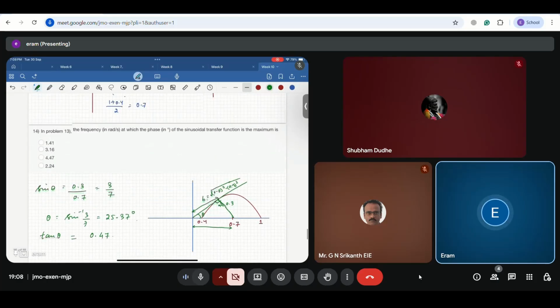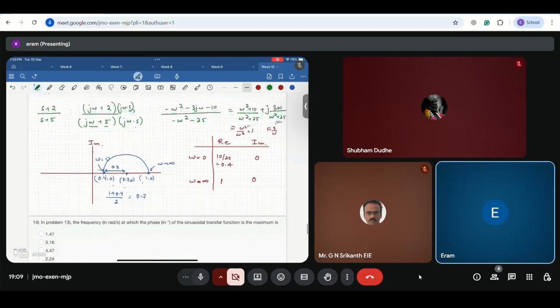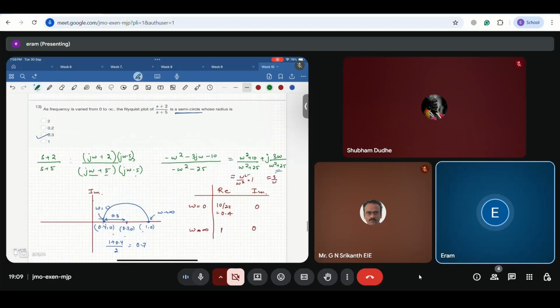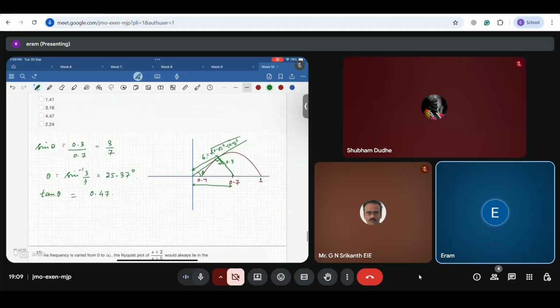And what was our transfer function? Now ultimately we have to find omega. It was (s plus 2) by (s plus 5). So this phase was tan inverse of omega by 2 minus tan inverse of omega by 5.